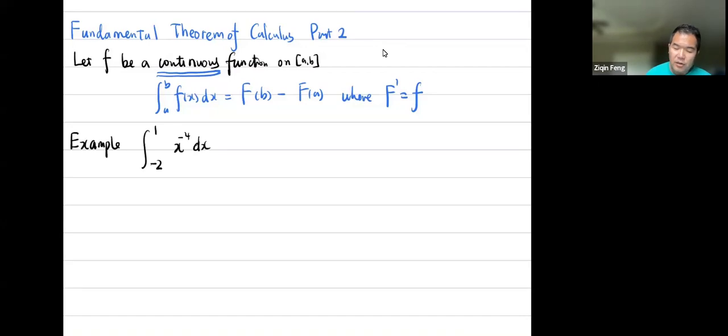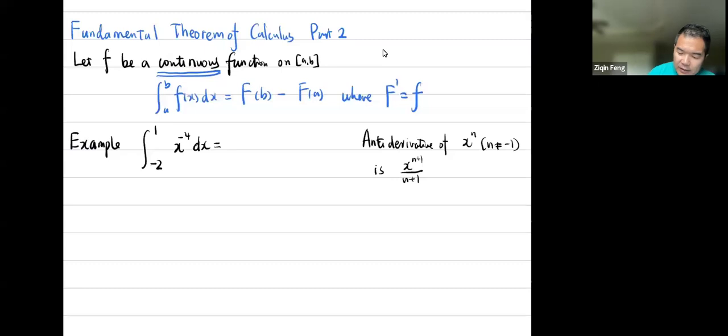We have a formula for the antiderivative of a power function: the antiderivative of x to the n, as long as n is not -1, is x to the n plus 1 over n plus 1.